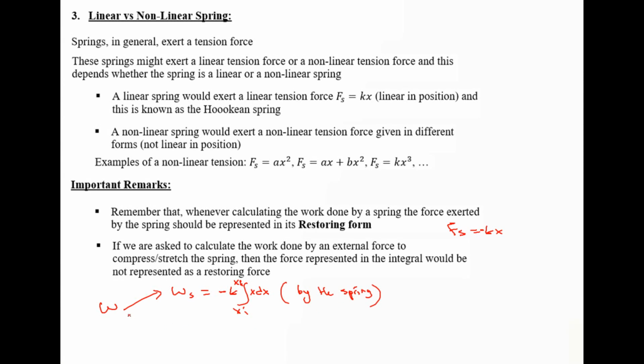Also, we can talk about the work done by an external force, not the spring, external force, to compress or elongate the spring. That would be W to be just the integral from xi to xf kx dx.